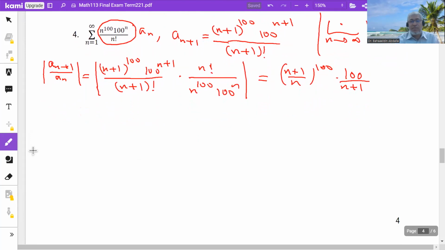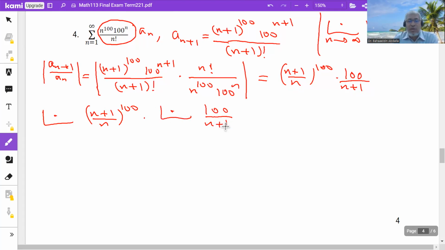Now I need to find the limit. So what is the limit? I'll find the limit of this quantity times the limit of this quantity. You can distribute the limits when you have products. So the first one, I can take the limit inside the power. What is the limit of n plus 1 over n? Take the highest power, n over n, so 1. So the limit is 1, 1 to the power 100.